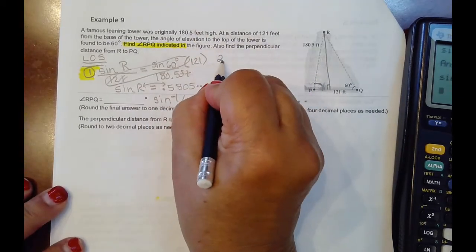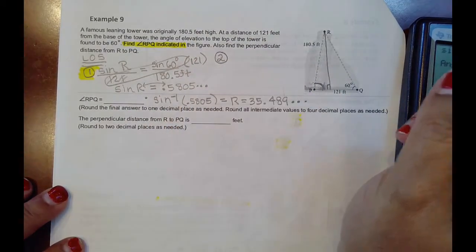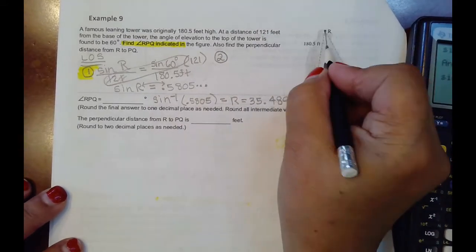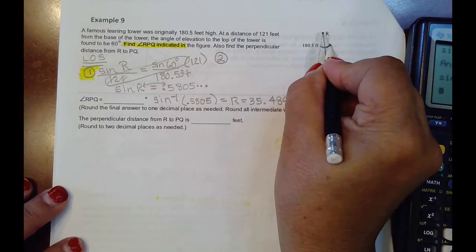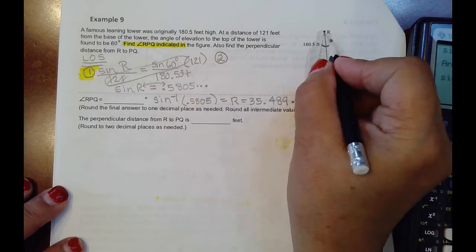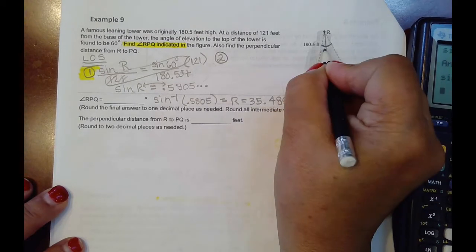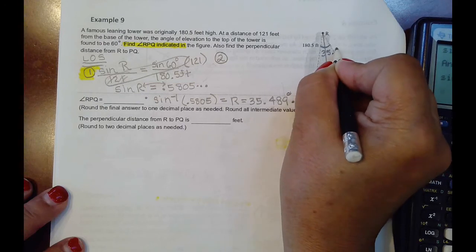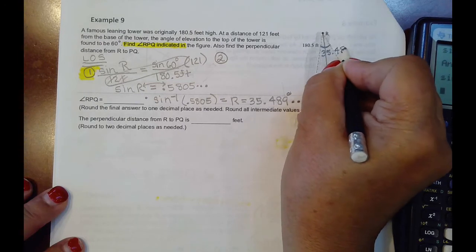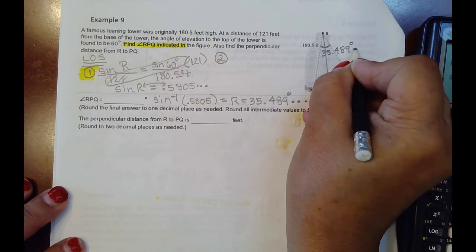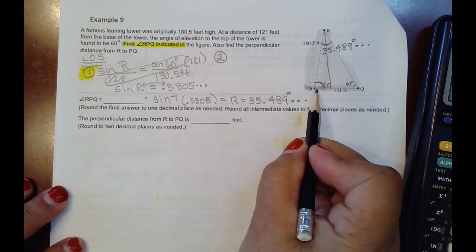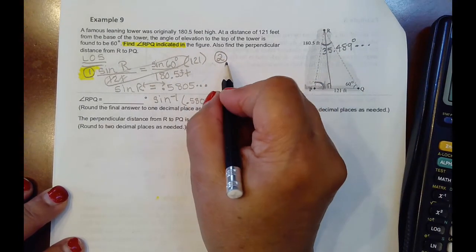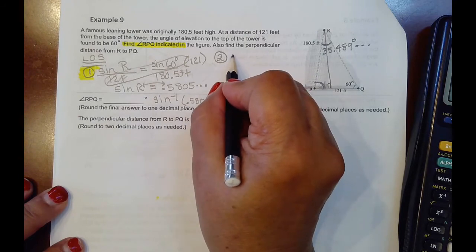So here I am doing step 2. For step 2, if I know that this angle right up here is approximately 35.489 degrees, but actually it runs on, and I want to find the third and remaining angle, then I can do what we've done in many problems.